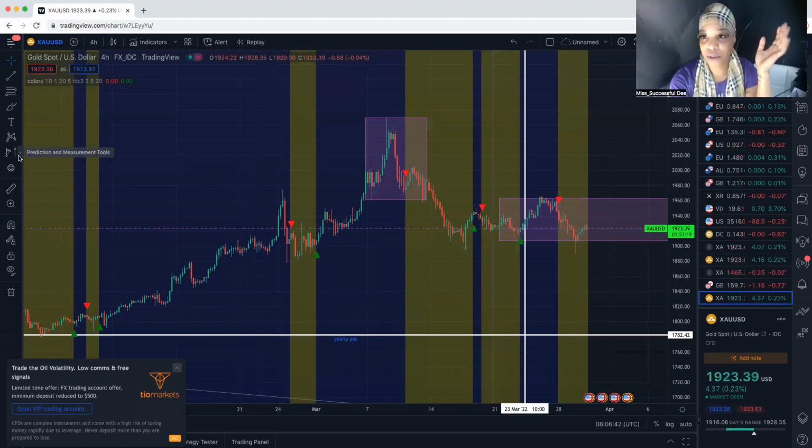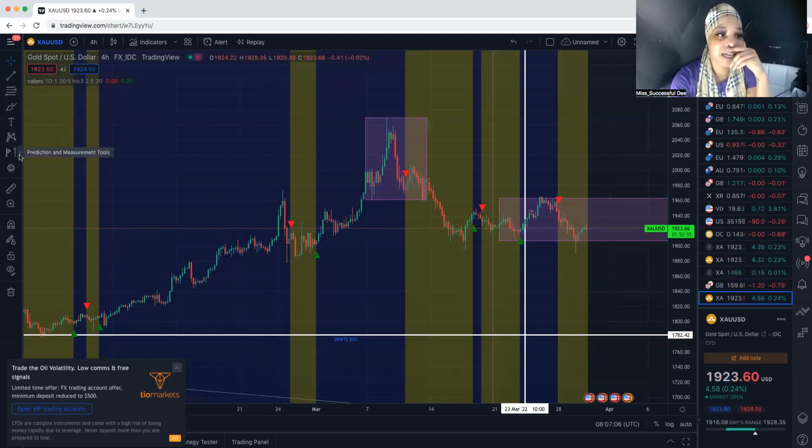So on TradingView, it's quite simple. It's free to use. TradingView has a free option. You can upgrade if you want to, you don't have to, but you can still use this as and when you please. Okay, so over on the left here, count 1, 2, 3, 4, 5, 6, 7.